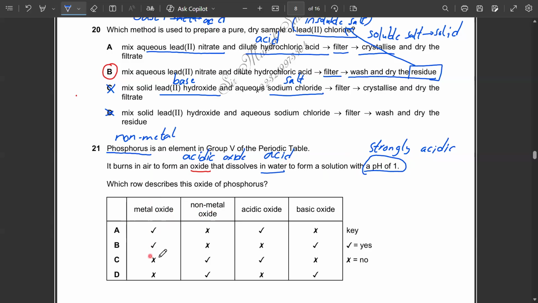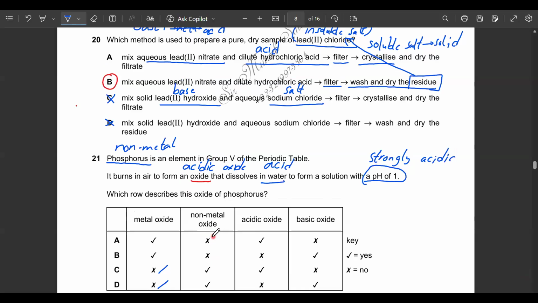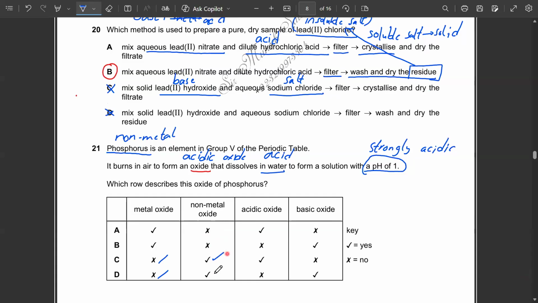From the first column, C and D are the correct options. It is a non-metal oxide, and from the second column we say it is a non-metal oxide. From the third column, it is not a basic oxide, rather it is an acidic oxide.